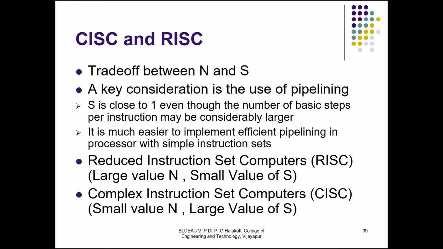The reduced instruction set computer, which I call RISC, contains a large value of N and a small value of S. The other type is the complex instruction set computer, CISC, which has a small value of N but a large value of S. This is the main difference between CISC and RISC. Much more detail about these two is not needed for you, and it is not in the scope of the syllabus.